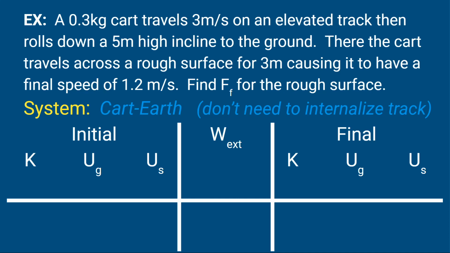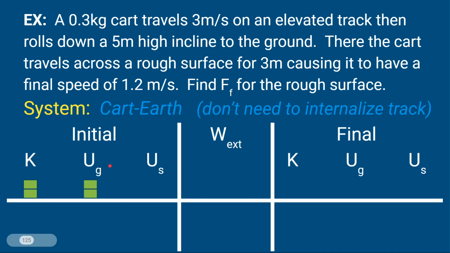Okay, so now if we think about the forms of energy present with our cart-earth system, our cart is initially moving 3 meters per second, so that's going to be kinetic energy. The cart is also on an elevated track that's 5 meters high, which means it has gravitational potential energy.